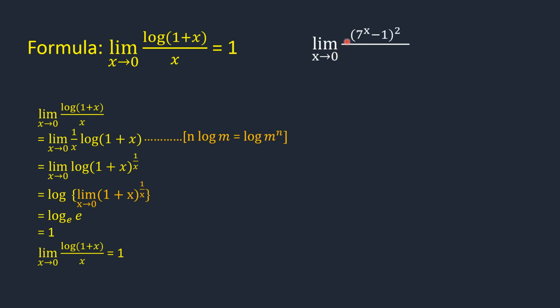Solve limit (7 to the power x minus 1) whole square divided by x log 1 plus x as x approaches 0. Here we observe that we need x square below the term in the numerator. Therefore, we will divide both numerator and denominator by x square.